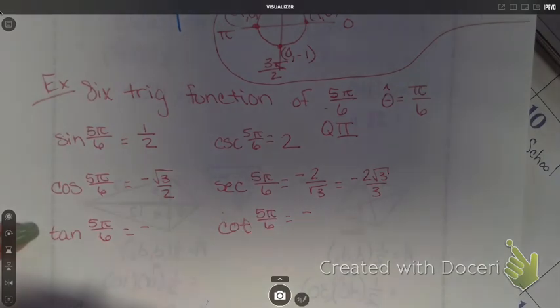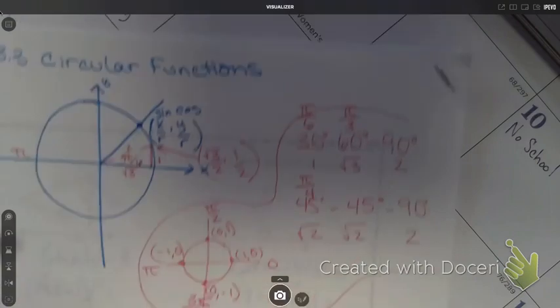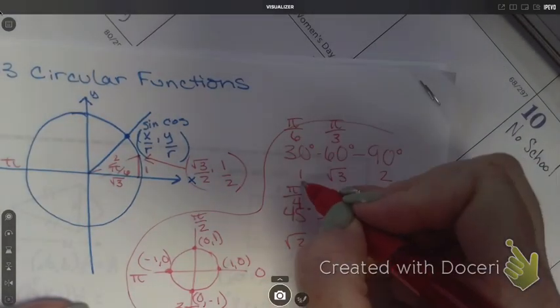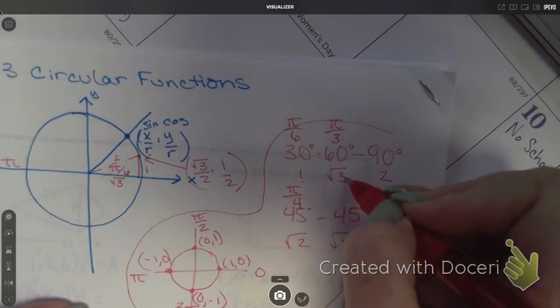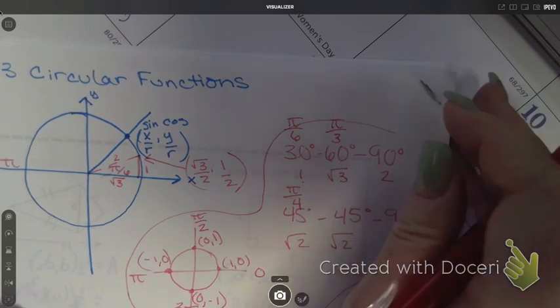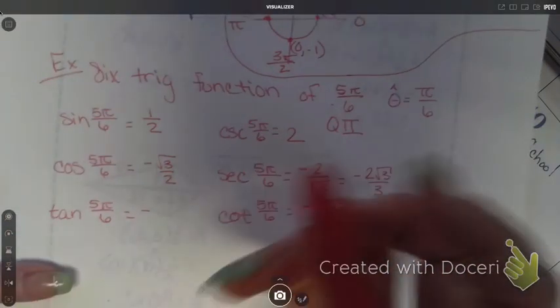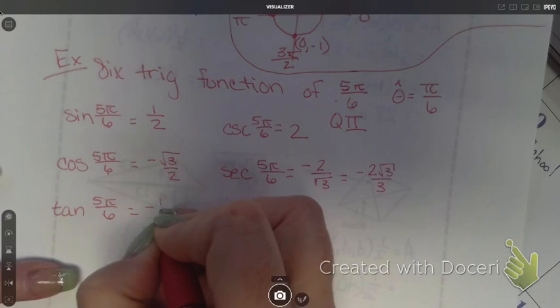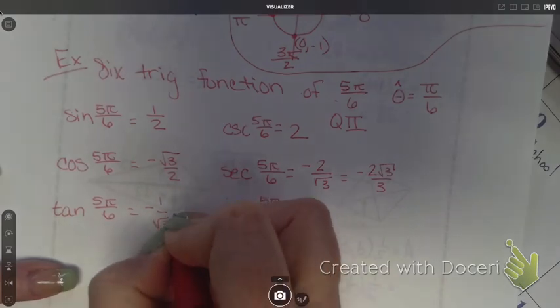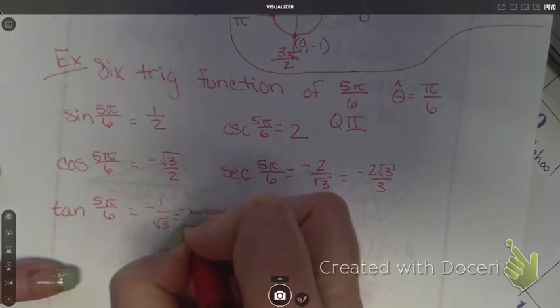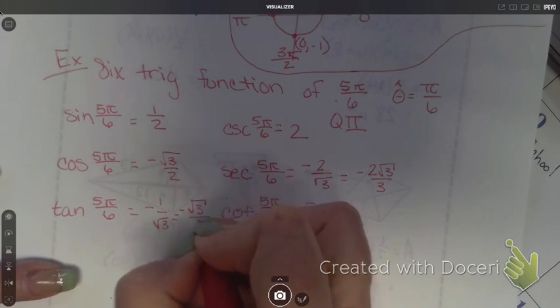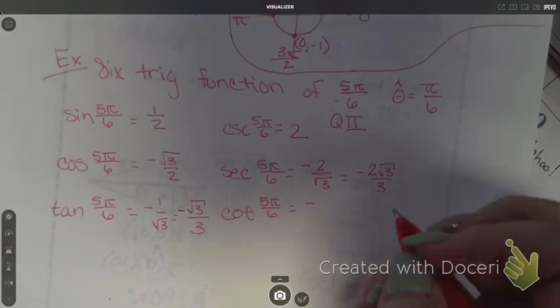It would be 1 over the square root of 3. Don't forget your negative.